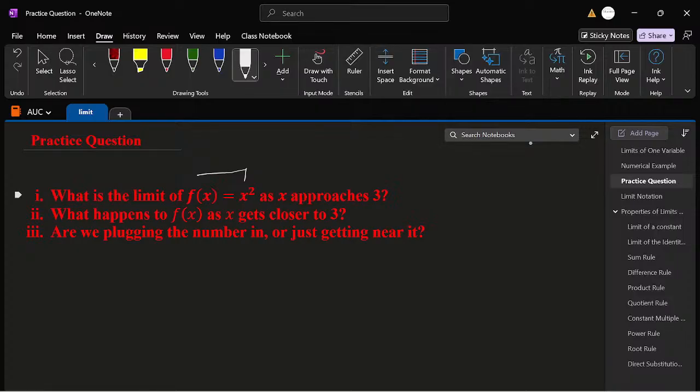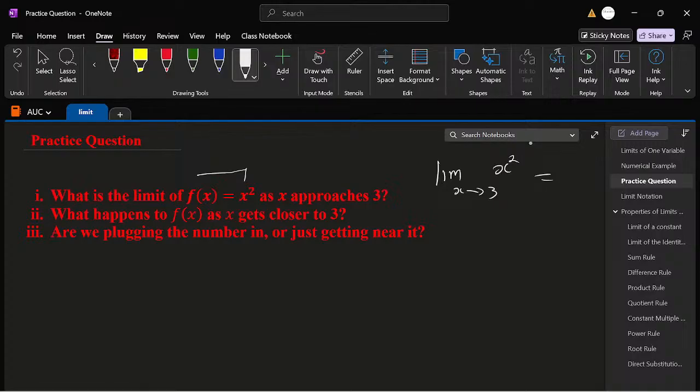Okay, if you look at this question, what is the limit of f of x equals x squared? So algebraically, you can write it like this: the limit as x approaches 3 of f of x. So in this case, f of x is x squared. Okay, so what will be the limit?